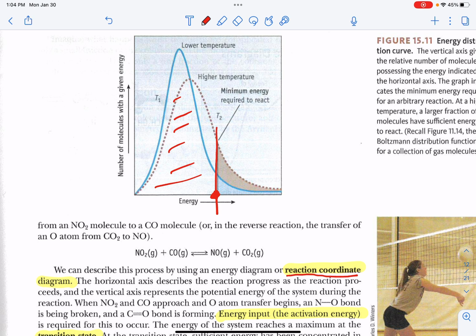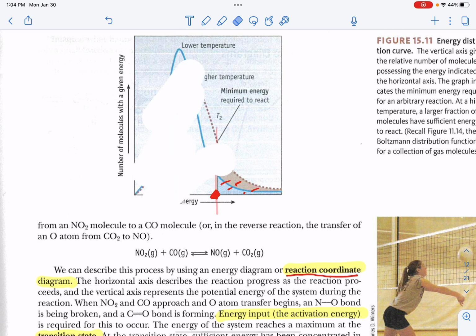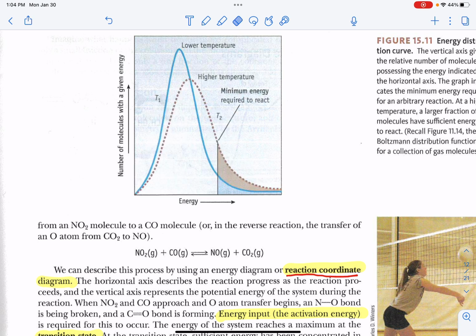They're soccer balls that don't reach you. These particles over here would be soccer balls that do reach you. They have enough energy. Now, the other thing you should notice is that at my lower temperature, these are the only particles that have enough energy.